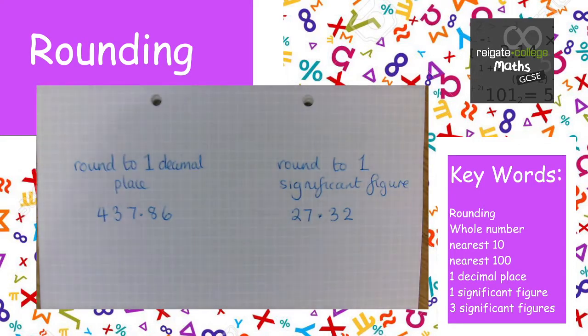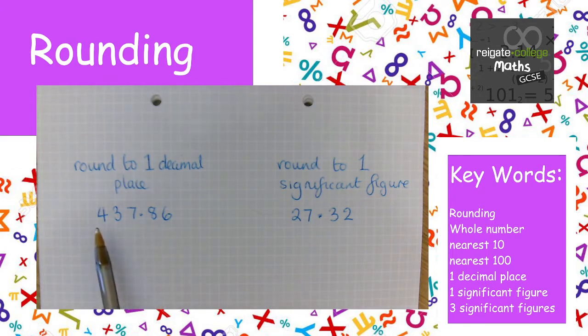Now here are 2 terms that we very often get confused. The first one says we are to round that number to the nearest decimal place. Therefore, we are looking for the number that appears one digit after the decimal point. That's this 8 here.